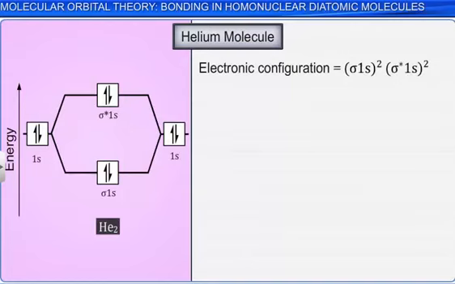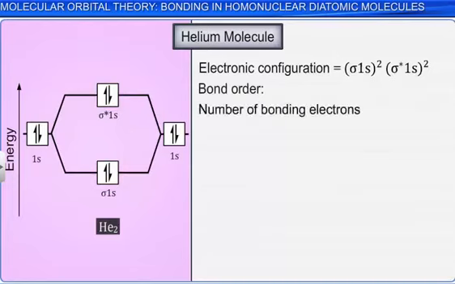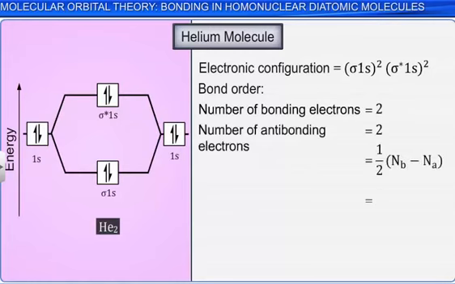Now, from the electronic configuration of helium, we can easily derive the bond order of the molecule. As the number of electrons present in both the bonding orbitals and antibonding orbitals is 2, the bond order is equal to (2 minus 2) divided by 2, which is equal to 0.